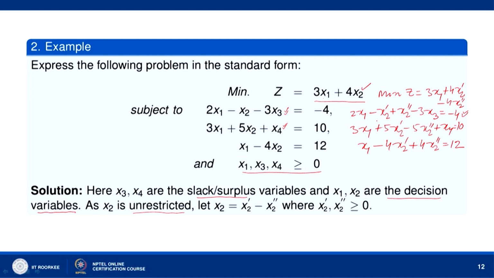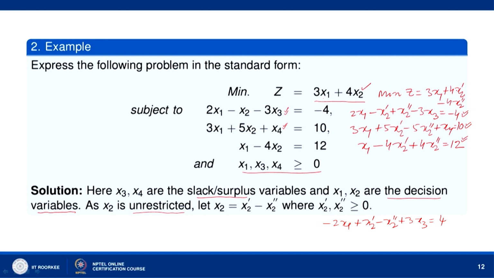So, we multiply this first constraint by minus 1 and bring it to the form minus 2 x 1 plus x 2 dash minus x 2 double dash plus 3 x 3 equal to 4. So, this first equation is modified in such a way that the right hand side becomes plus 4. The second and third equations are okay, because the right hand side is already non-negative.